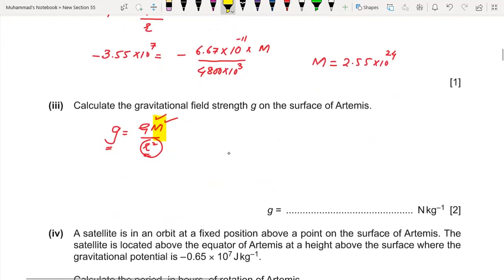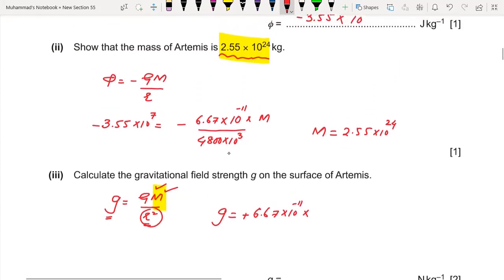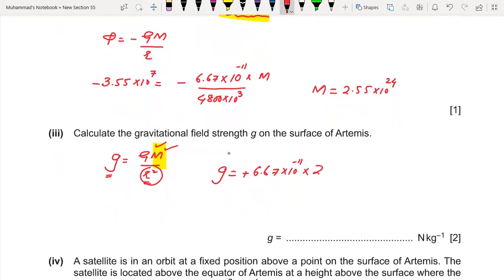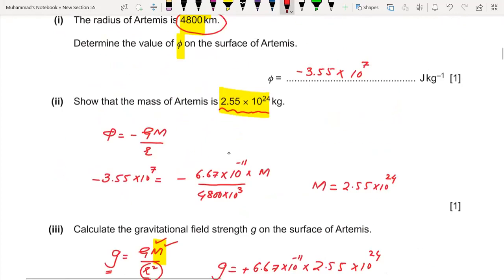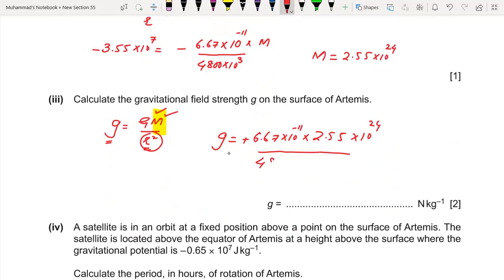Then you will get the value of g, and that would be 6.67 times 10 power minus 11 into mass 2.55 times 10 power 24, divided by, what's the radius? The radius of this planet is 4,800 kilometers. So that is 4,800 times 10 to the power 3, that is in meters, whole squared.